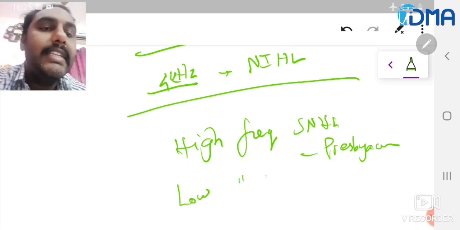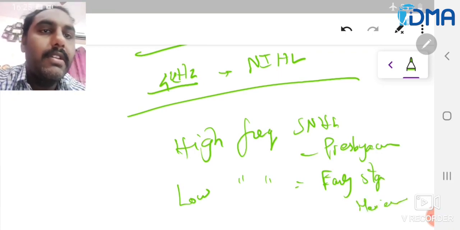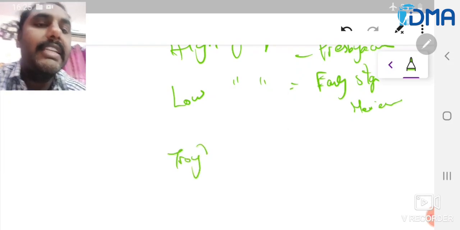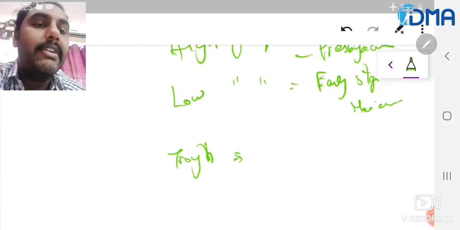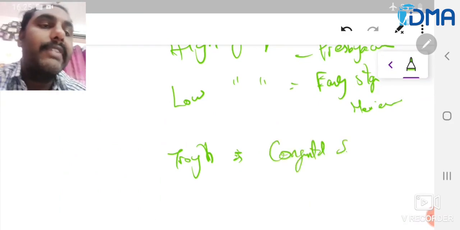Low frequency sensorineural hearing loss is seen in early stage of Meniere's. Okay. So, these are the important audiometry patterns, and trough shaped audiometry is sometimes seen in congenital sensorineural pattern of hearing loss.